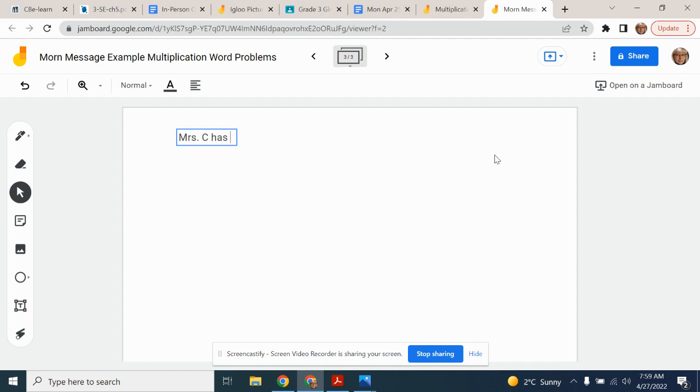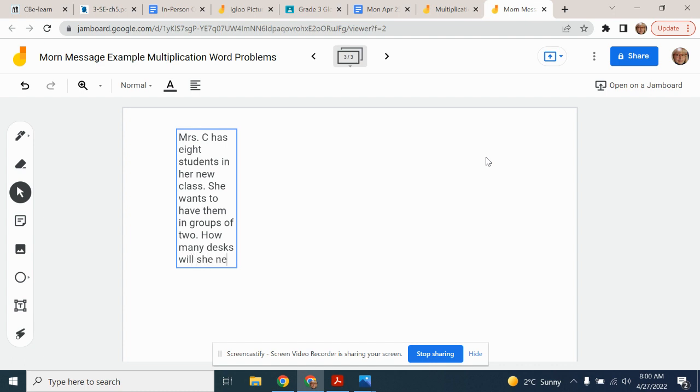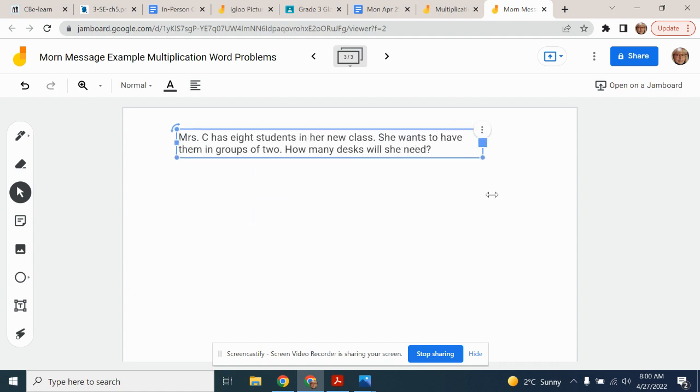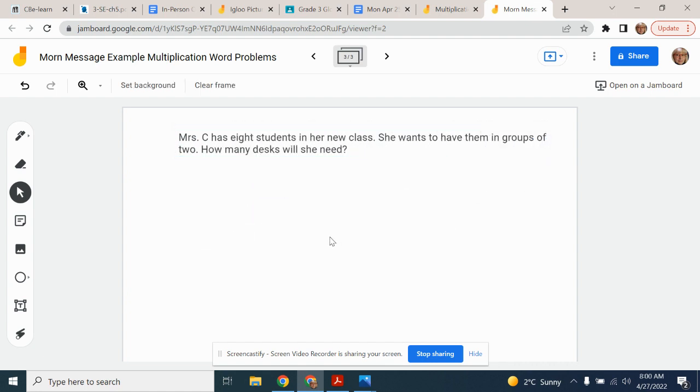Mrs. C has 8 students in her new class. She wants to have them in groups of 2. How many desks will she need? That's the question.